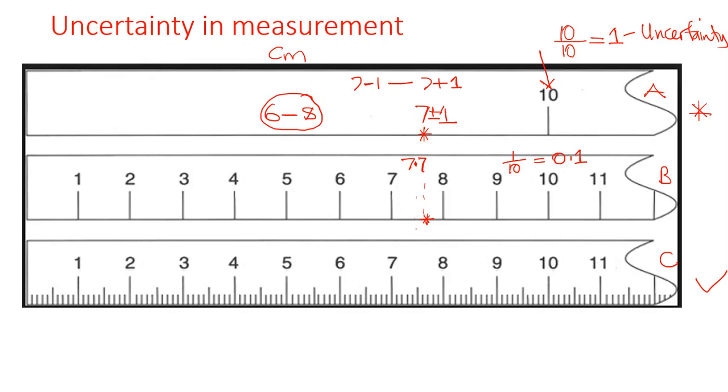Now I'll just add my uncertainty, plus minus 0.1. So what does it tell me? It tells me that this point is between 7.6 and 7.8.